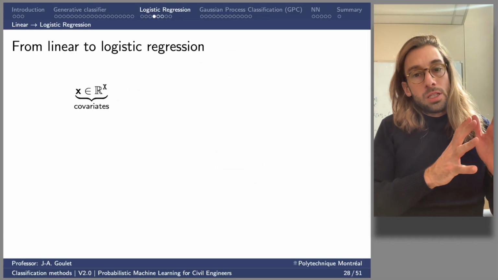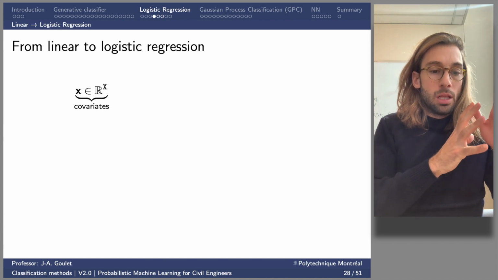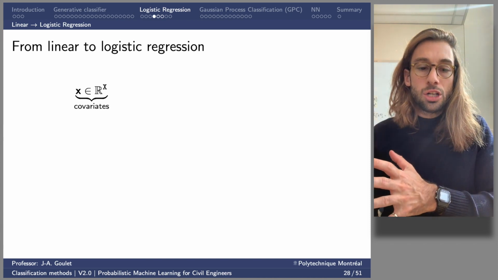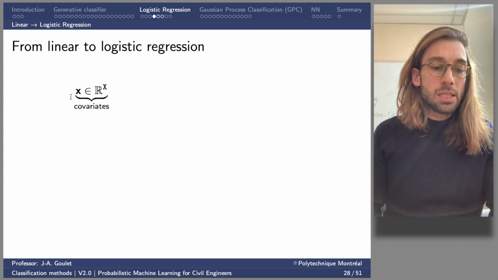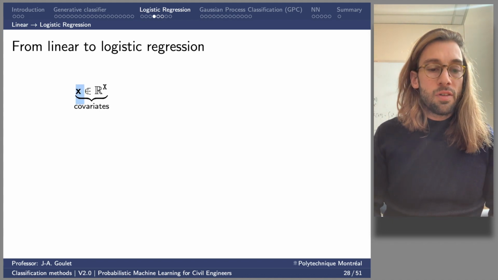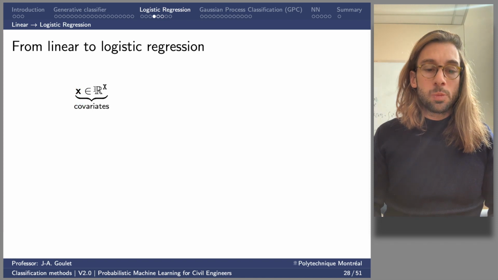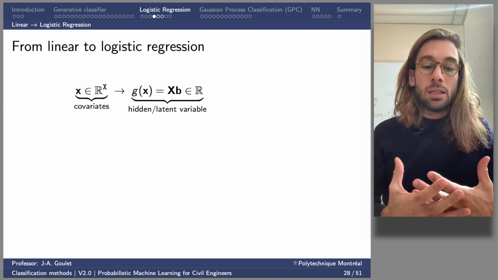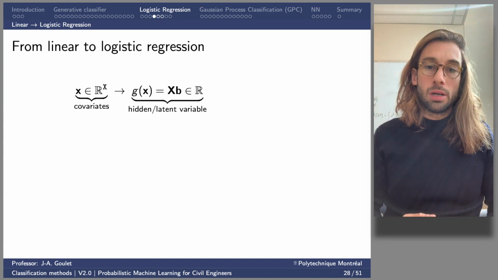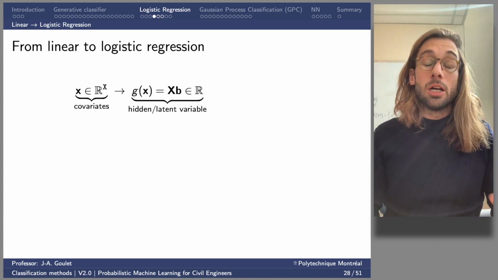Okay, so if we summarize the steps of going from linear to logistic regression, we start from the covariates x. These covariates belong to a real space of dimension x. Then we're going to model what we call a latent function, which is a function that is not directly observed.